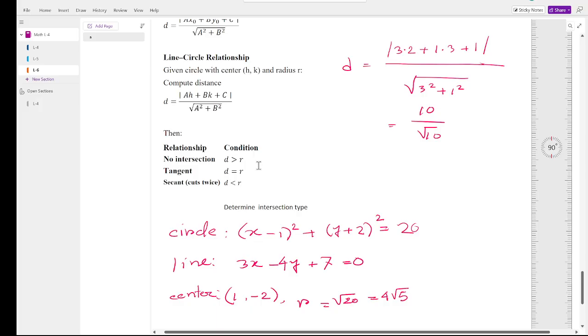Now we check the relation. When distance is greater than r, distance greater than the radius, there is no intersection.